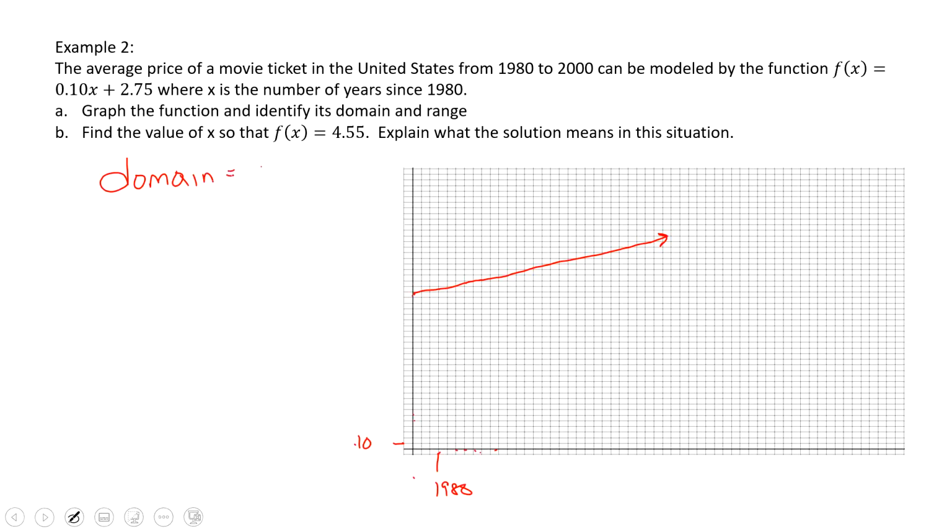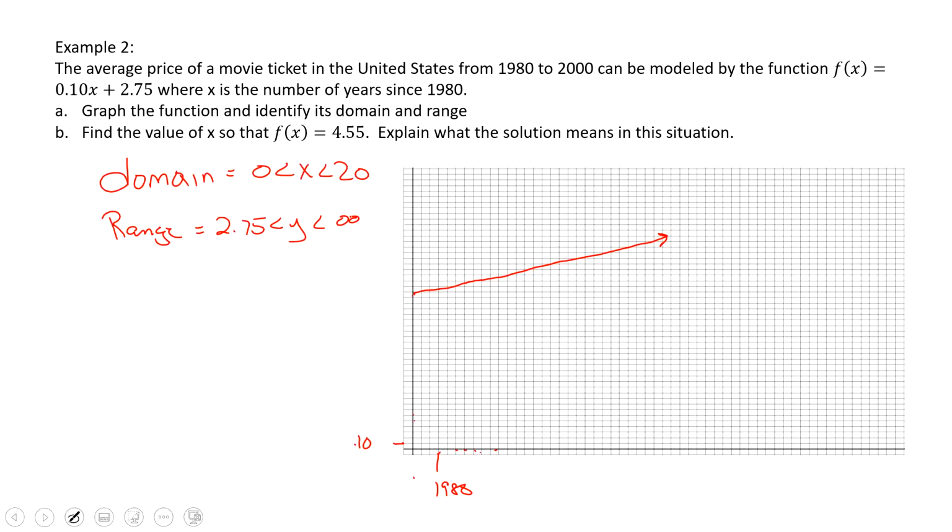So my domain is going to be 0 is less than x, which is less than 20 because we're really only worried about 2000. And then the range is going to be from 2.75 because we're starting with our y-intercept at 0 is 2.75, is less than y, which is less than, I'm going to call it positive infinity because I don't know how far it's going to go.